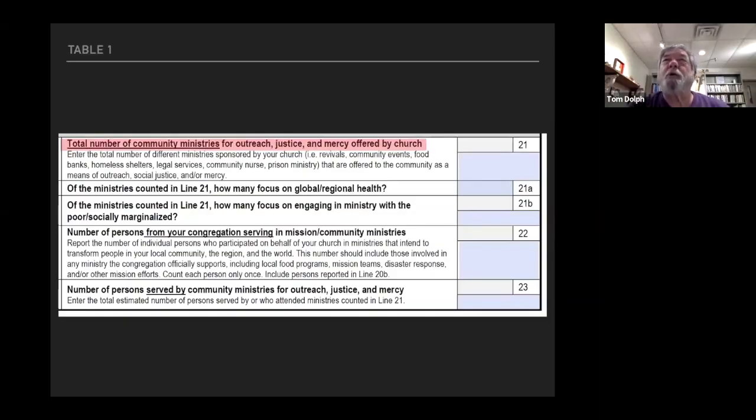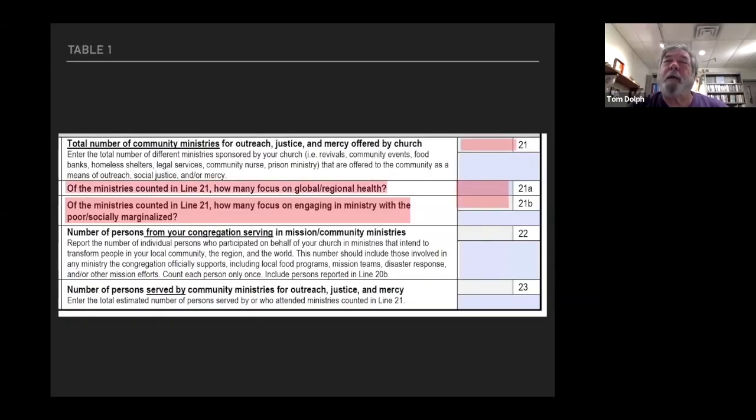This is the total number of mission ministries that you offer. They want a subtotal of those that have to do with health issues and then those that have to do with ministry with the poor, justice issues, inclusivity, those kinds of things.